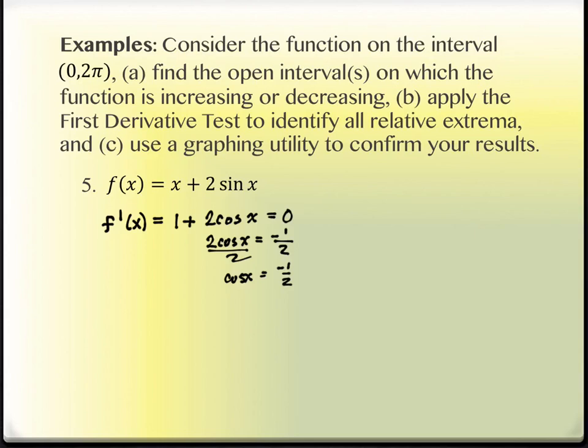So in terms of the unit circle, cosine values are x values. Where are x values negative in our quadrants? In which quadrants? 2 and 3. So my cosine values are negative in 2 and 3, which means I need angle measures that are going to give me values in the third and the second quadrant, right? It's the pi over 3s that we skipped last time. It's this one up here. Let's make that a bit thinner.